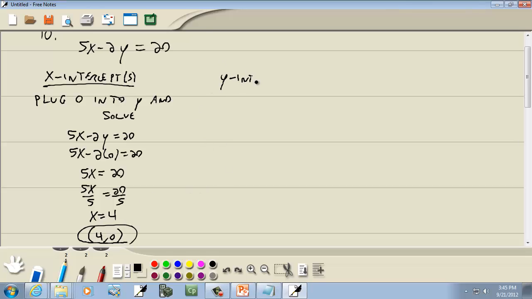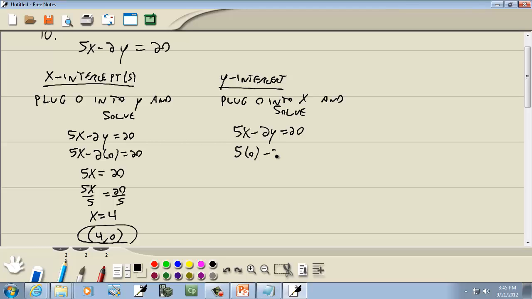Now for our y-intercept, we're going to plug 0 into x and solve. So we've got 5x minus 2y is equal to 20. Plug 0 in for x, so we get 5 times 0 minus 2y equals 20.